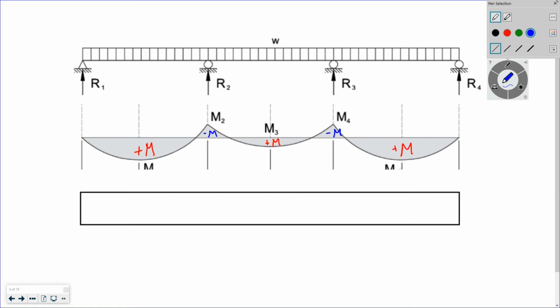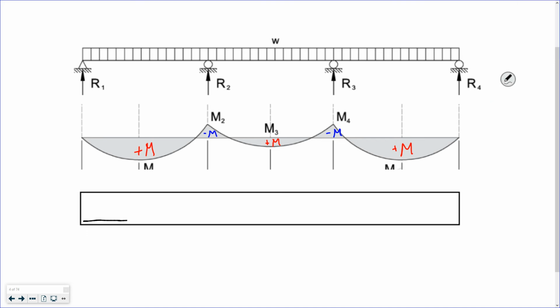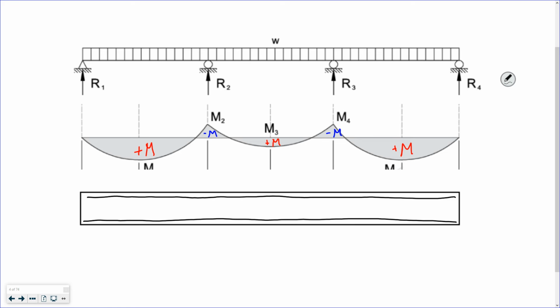And we have our reinforcement. We're going to have 2 different spots for reinforcement: in the bottom and in the top. So we can have reinforcement in the bottom and the top.